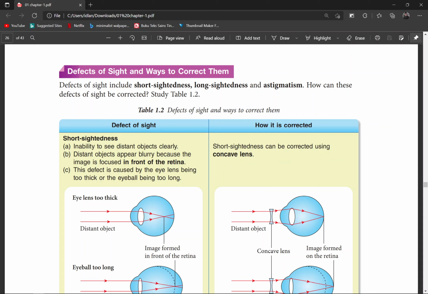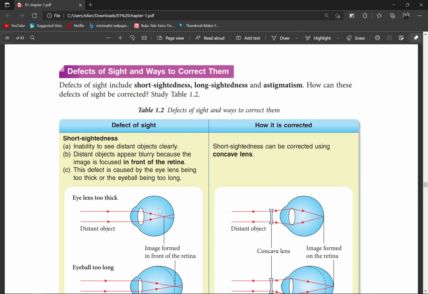You may see it, awak mungkin akan nampak benda tu kabur dan sebagainya lah. Okay, objek yang jauh ini nampak kabur sebab apa? Sebab image is focused in front of the retina. Untuk dapatkan clear picture ataupun clear image, light rays ni must intersect at the point where retina is there.